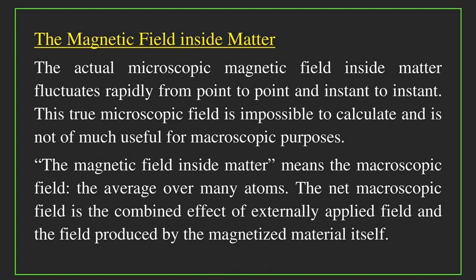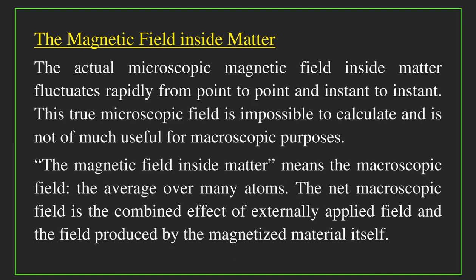When we call a material diamagnetic, it is a macroscopic property. So the microscopic magnetic field is not important. What we mean by the magnetic field inside matter is the macroscopic field, which is the average over many atoms.